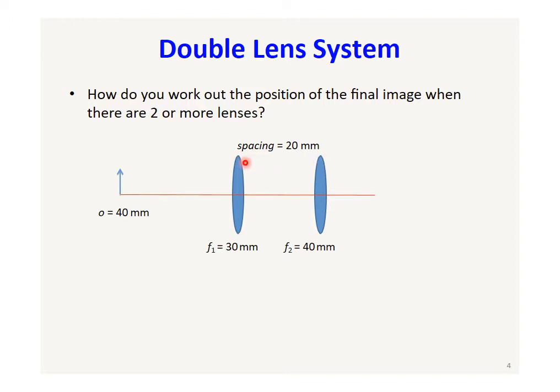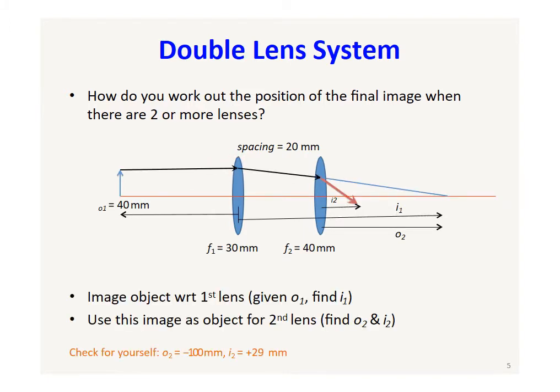We can locate the position of the image that is formed first of all by lens 1. So if we look at a point of the object and light rays coming from that, they will travel over to lens number 1 and they will be bent.